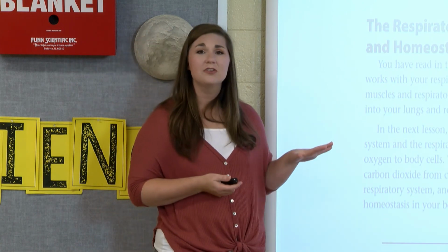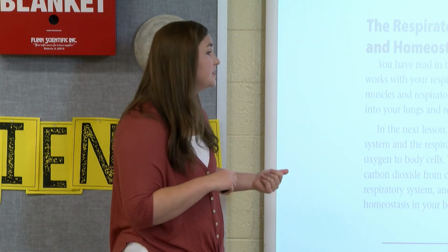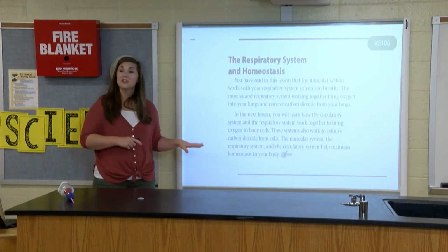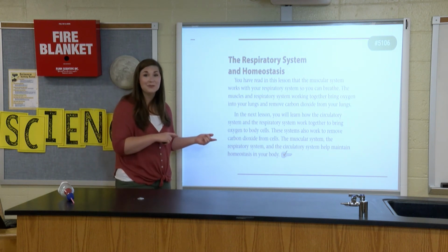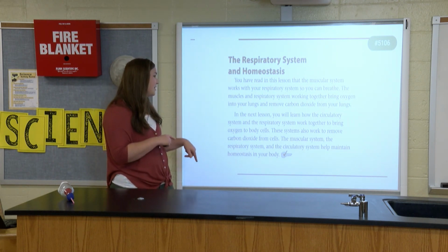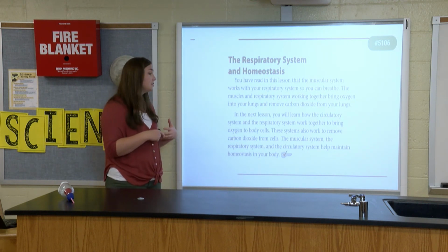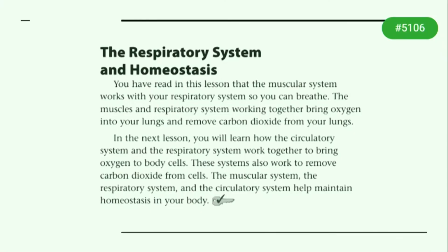So all of those things are important. So the muscular system actually works with your respiratory system to stay at homeostasis. Okay? Also, we're going to talk about the circulatory system next week. That system and the respiratory system work together to basically get oxygen to the body cells. The systems also work to remove carbon dioxide. The muscular system and the respiratory system and the circulatory system work together a lot in order to keep our body stable.